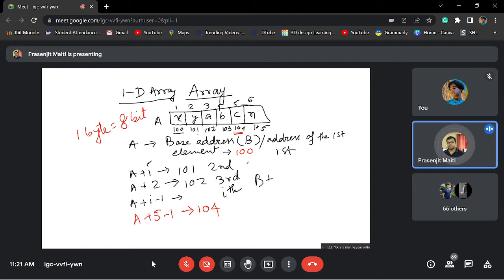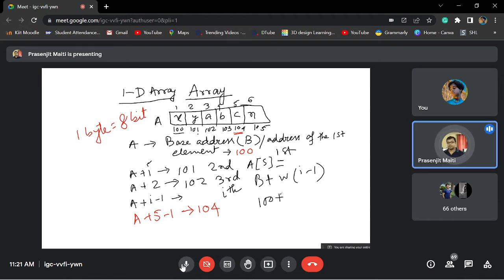Suppose you want to know the address of the fifth element, B plus W into I minus 1. B value is 100. What is the W value here?